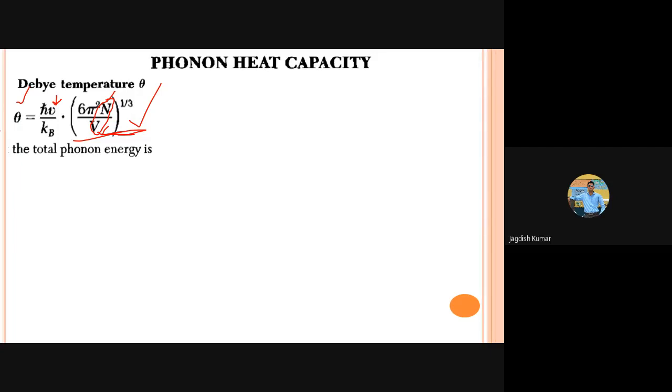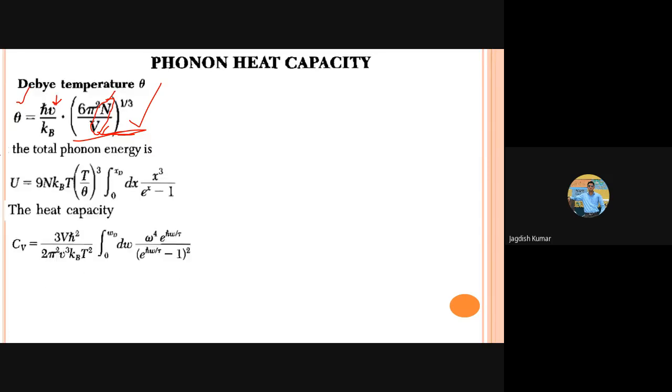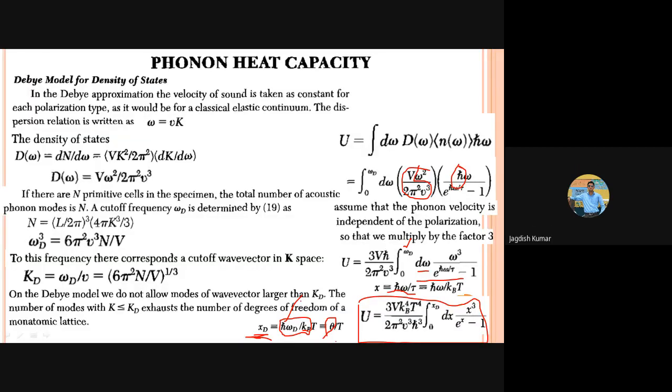Therefore, the total phonon energy will be given by this thing. This is the same previous integral. I hope it is in your notebook.